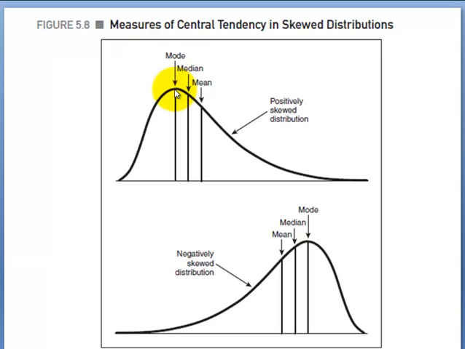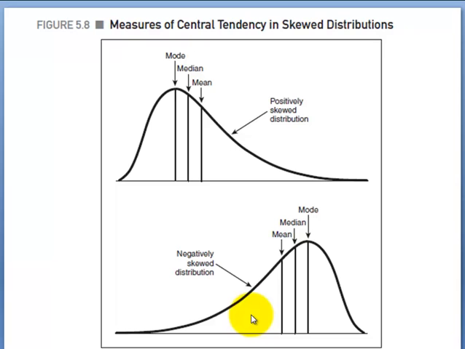So the mode of our positively skewed distribution is at the high point of the curve. Now, values in the tail pull the mean in the direction of that elongated tail. So the line that is closest to the elongated tail is going to convey the value of the mean. So this line is the mean. And by process of elimination, the middle of the three lines is the median.